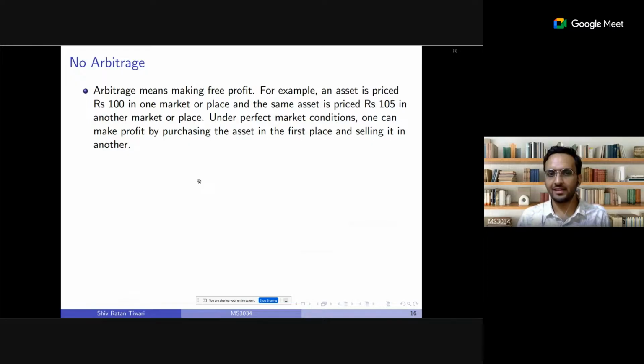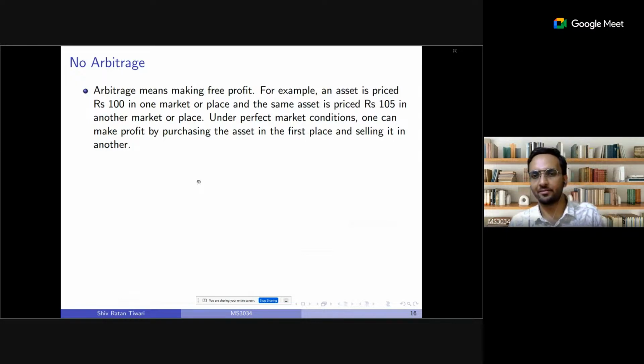Assuming there is no transaction cost or transportation cost, you can simply purchase in the first market and sell in the second market, and earn 5 rupees of free profit on your transactions. If you have enough money and this situation persists forever, you can make an infinite amount of profit. This is the concept of arbitrage.